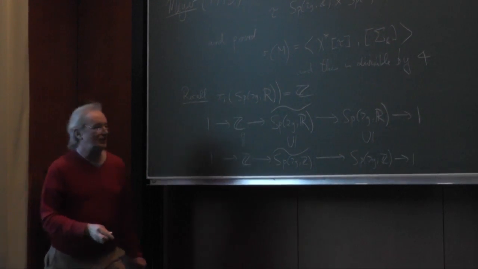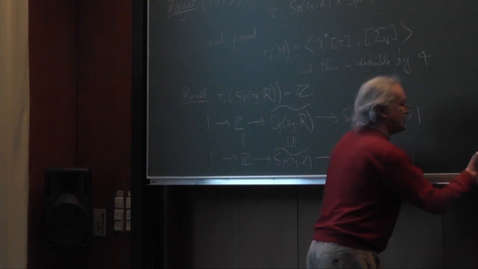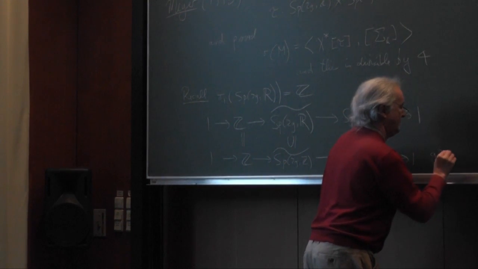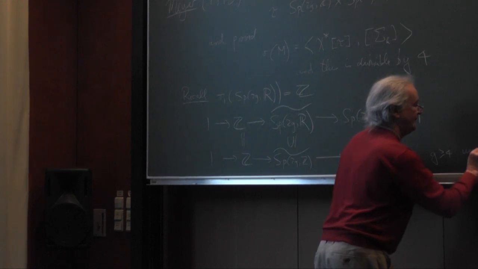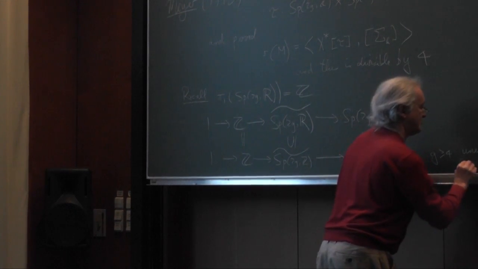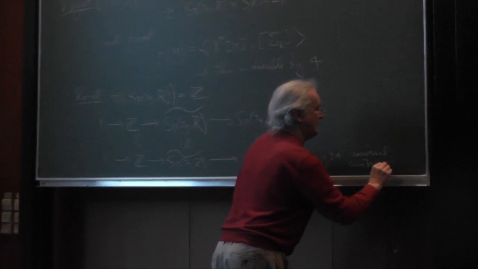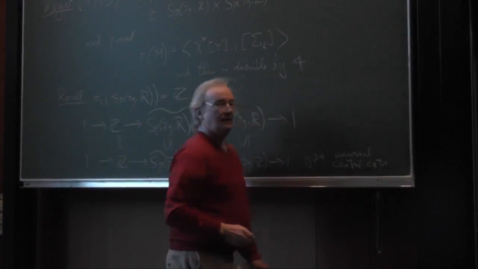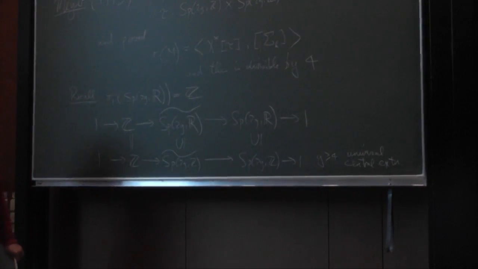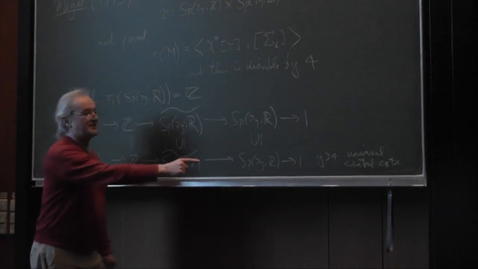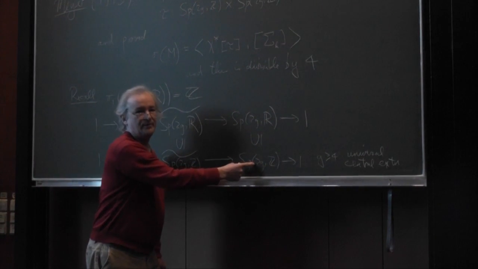At least if G is at least 4, this is the universal central extension. For G equals 1 and 2, there is no universal central extension because this isn't a perfect group.